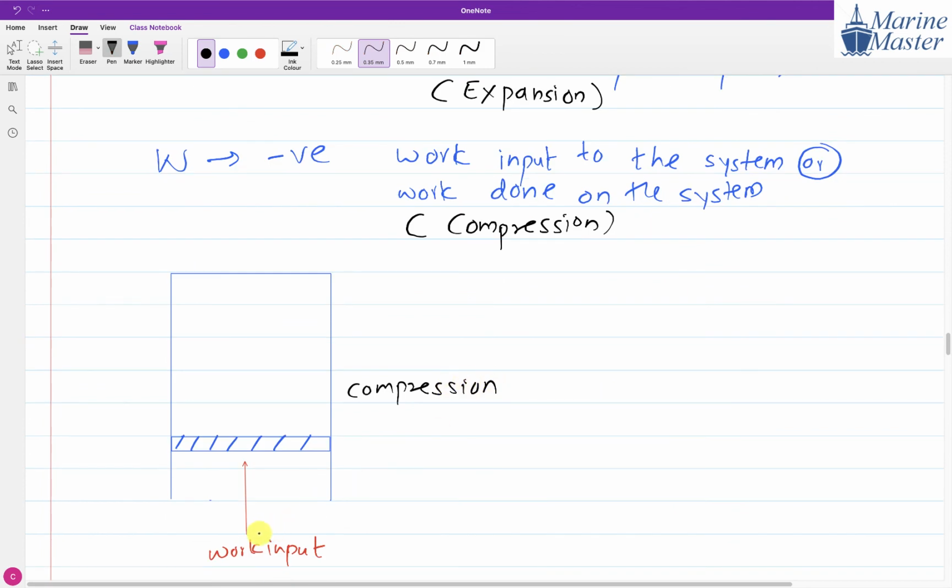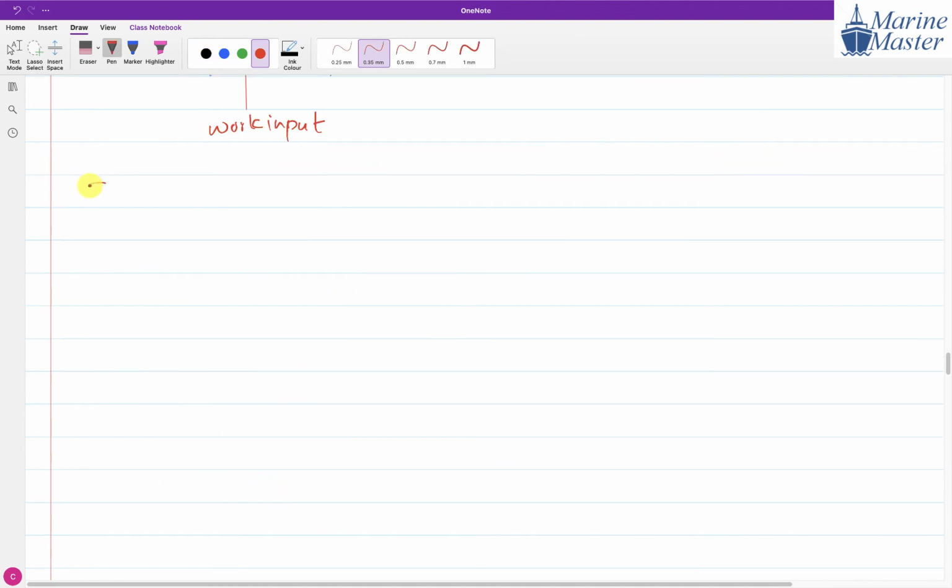In case of compression, we have to give a work input, means we have to move the piston up. For moving the piston up, we have to give the work input, and that is what we take as negative in our sign convention.